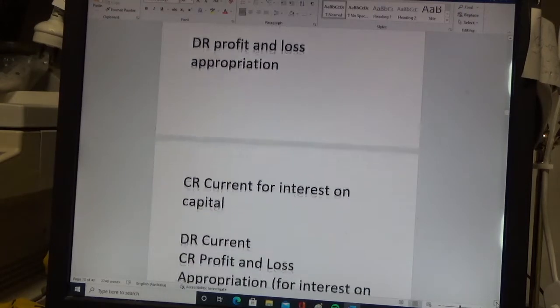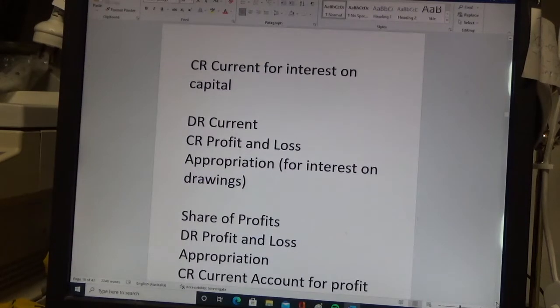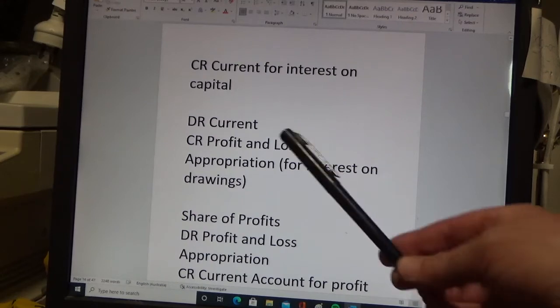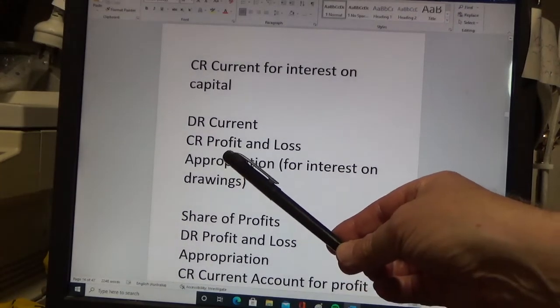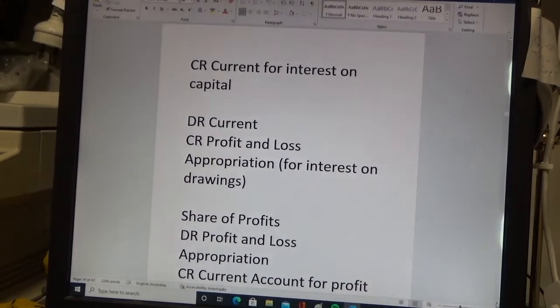Again listing all the partners. Interest on drawings, another current account item: debit current account, credit profit and loss appropriation. So yeah, profit and loss appropriation crops up quite a lot. That's why I called it a go-to account.